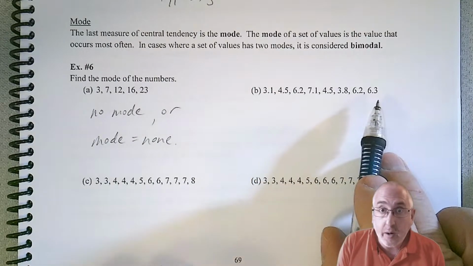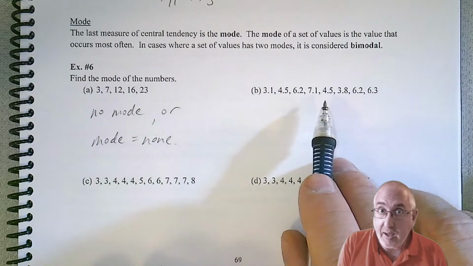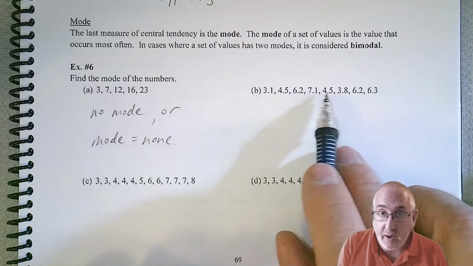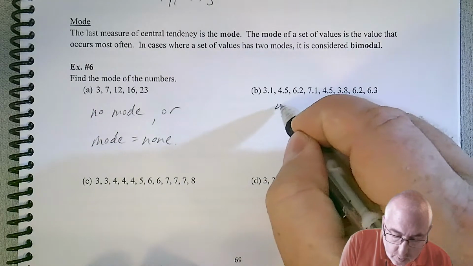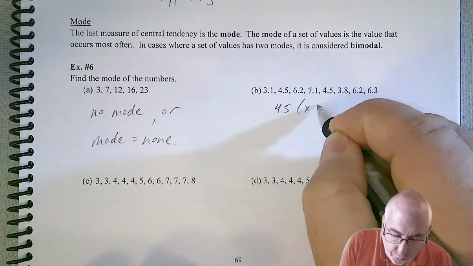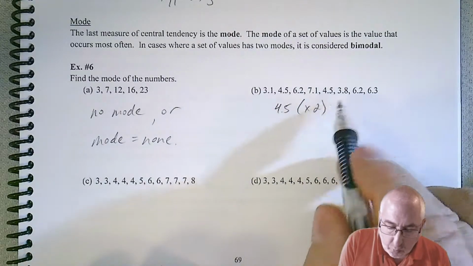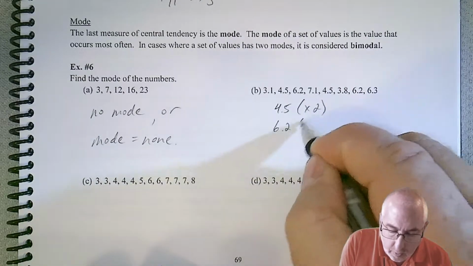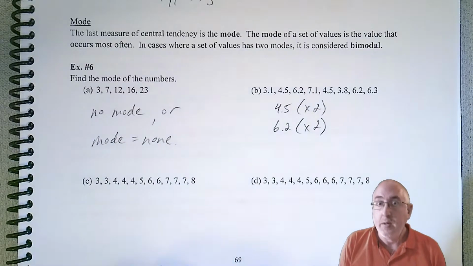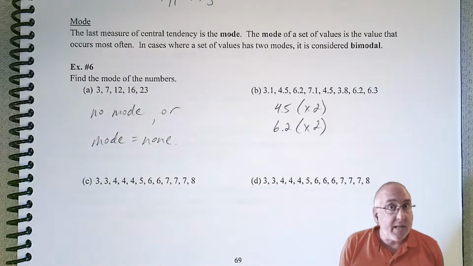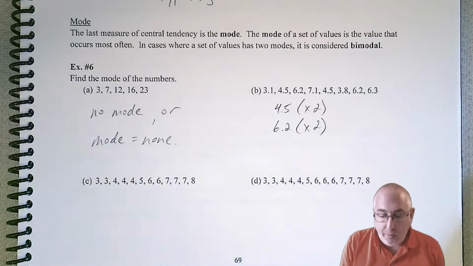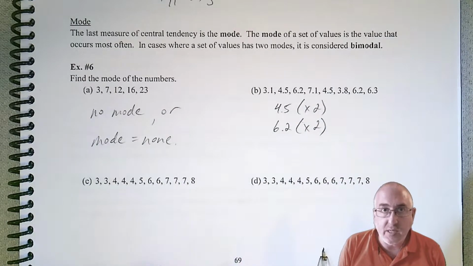In this case here, we did have some repetition. Remember, 4.5 happened twice, and the 6.2 happened twice. Now, there's nothing else that happens 3 times. Otherwise, that would wipe those instances out. We don't care about ones that don't happen the most.